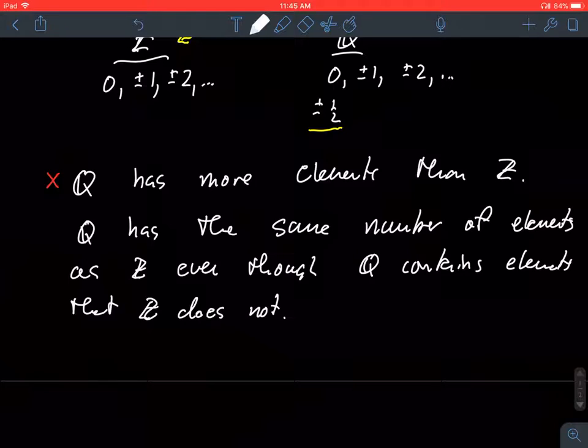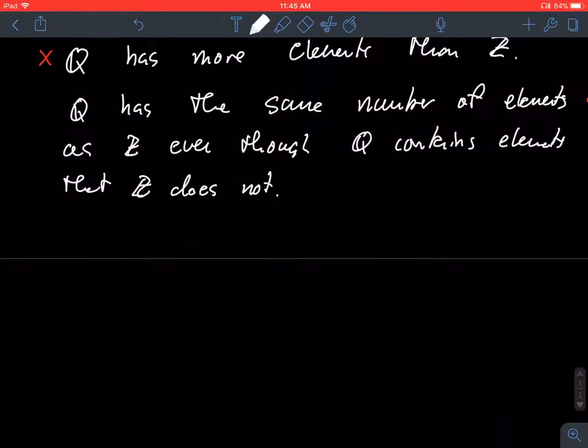And the reason we're able to say that is because the set of natural numbers, the set of integers and the set of rationals, they're infinite sets. So they have somewhat non-intuitive behaviors in this case.